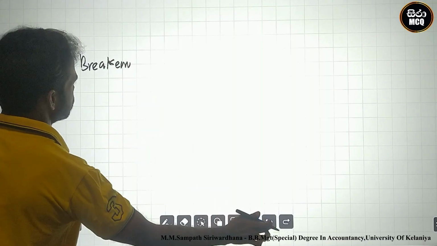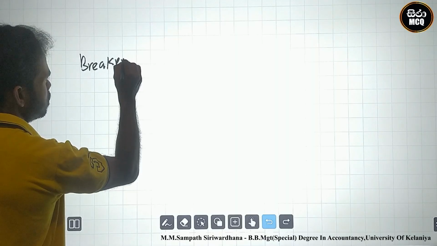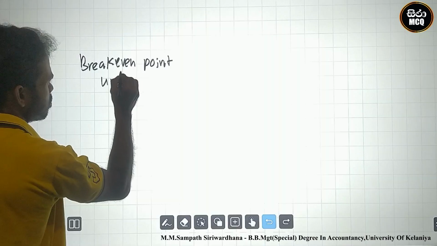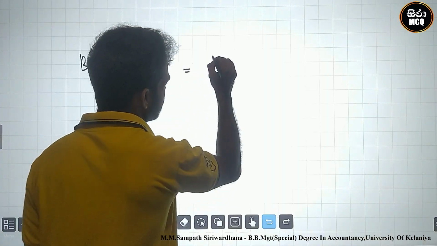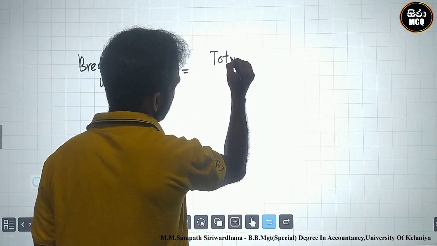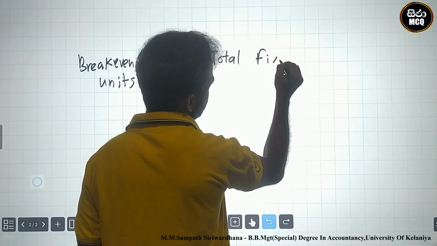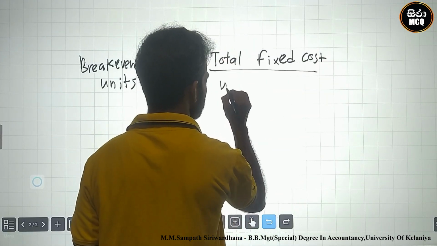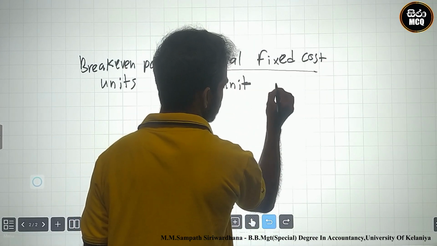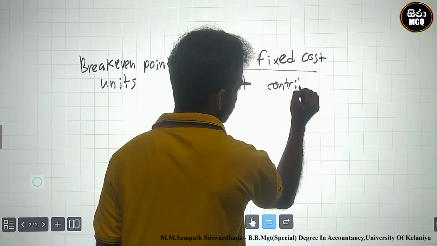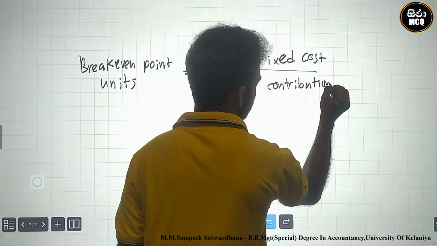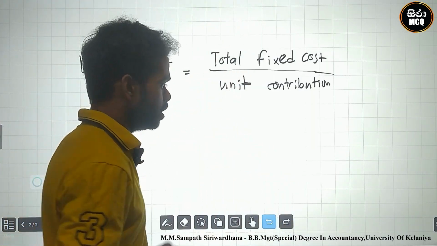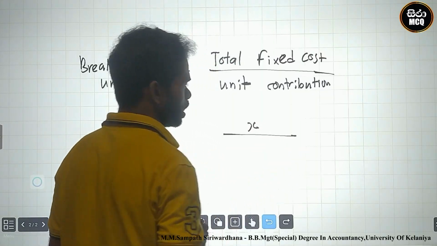Break-even point units equals total fixed cost divided by unit contribution. Total fixed cost is what we must identify, therefore I use the total fixed cost as x.